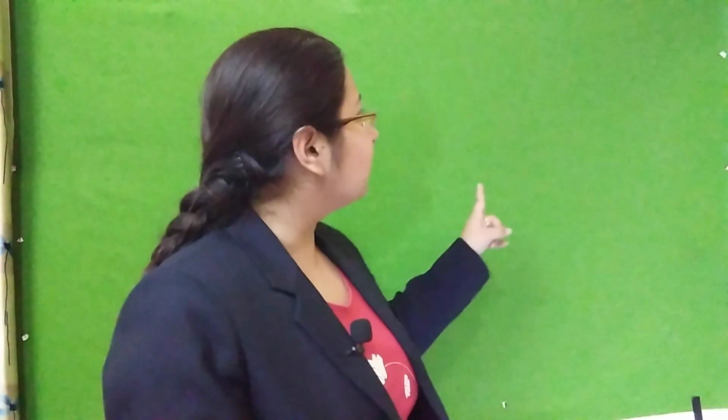Next example. My father or my uncle is arriving. My father is singular, uncle is also singular, and they are joined by or. So the verb will also be singular, that means is will be used. My father or my uncle is arriving.